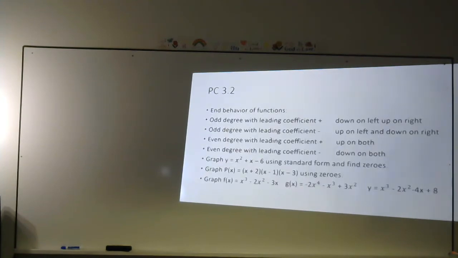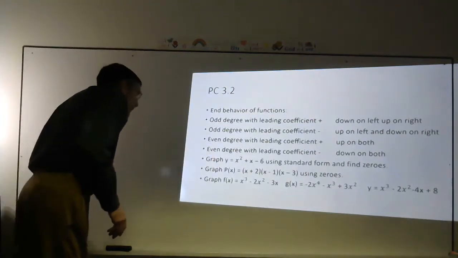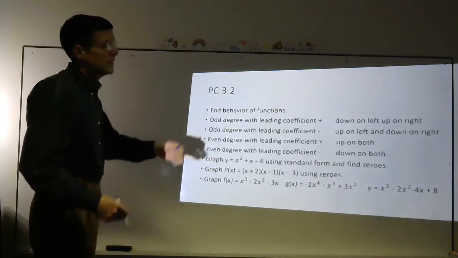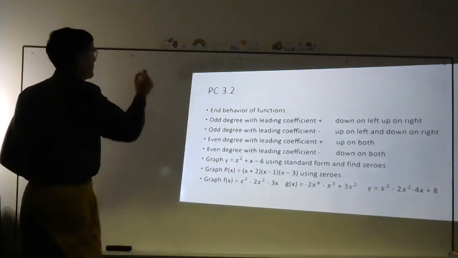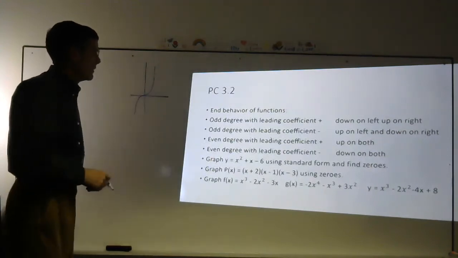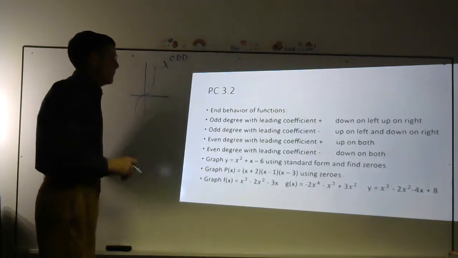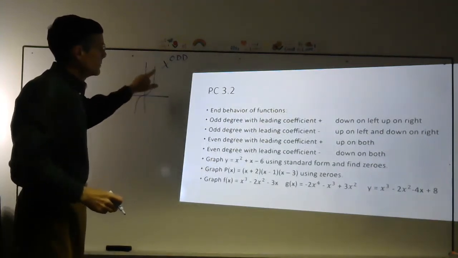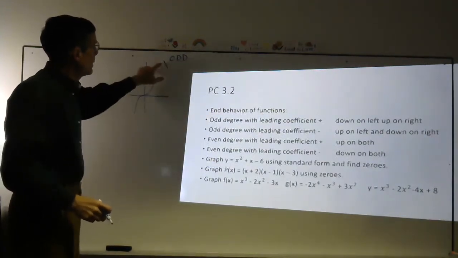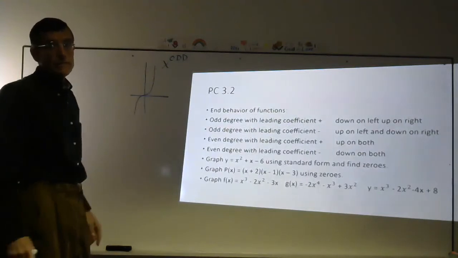So let's talk about end behavior. Now, what I just showed you, an odd degree, like an x cubed, an x fifth, x to the 7th, you know an odd power, x to the odd, will always look like this. If the leading coefficient is positive, if the x term is positive, the graph is down on the left and it's up on the right.